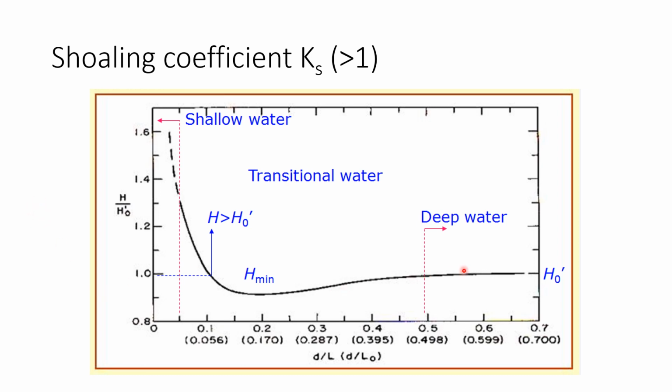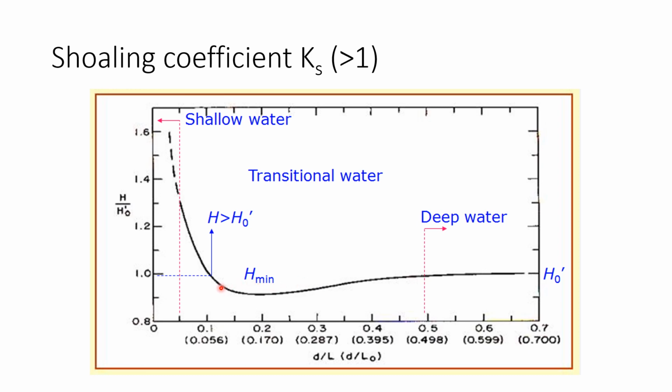So we notice that over here in deep water, the value of the Shoaling coefficient is approximately equal to 1. This part equals 1. As the wave moves in deep water, the wave height has no changes because it remains in deep water. But when the wave moves to transitional water, you notice that the curve starts to drop, which means H over H naught prime now becomes less than 1.